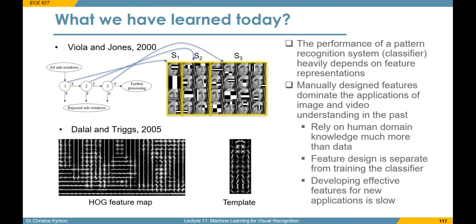So the idea up to this point was to design good features, and we can get an off-the-shelf classifier. But developing new features is slow, and the same approach may not work from one object to another, one application to another, or one domain to another.